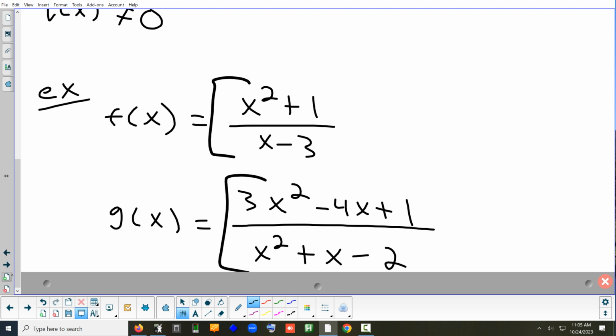If the bottom is a quadratic, it's possible that you have how many answers that make the bottom 0? A quartic polynomial would have 4, but a quadratic could only have up to 2.